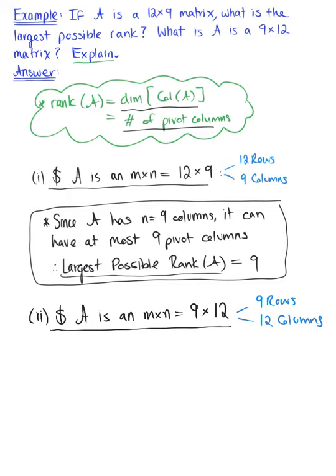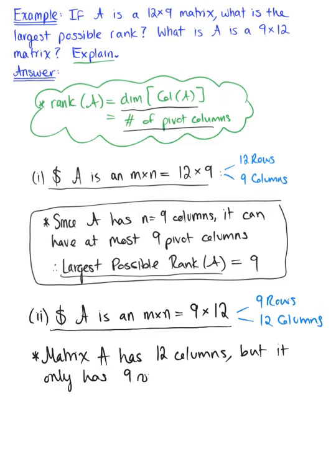So we want to be a little careful here, but we're going to use the same logic. So we know that matrix A has 12 columns, but it only has 9 rows. So what does this tell us?